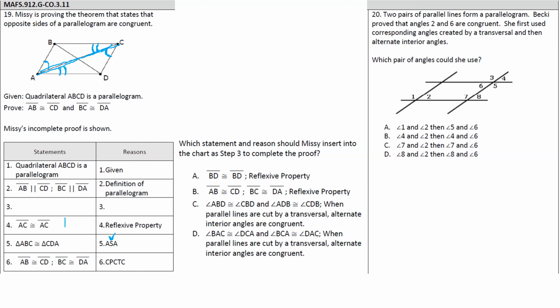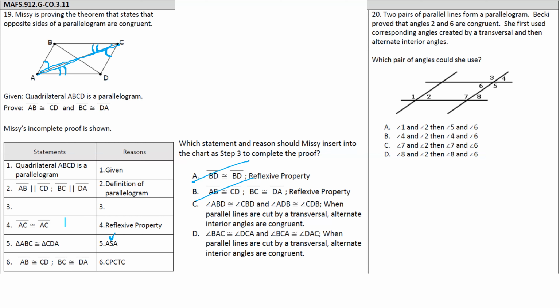So go through the list, see which ones we have. Well, A and B give us more about lines. We don't need more lines. We need something about angles. So then you're left with C and D. We just have to make sure that we're matching up the correct set of angles that are congruent to one another. C mentions ABD. ABD isn't even one of the angles that I've currently labeled.